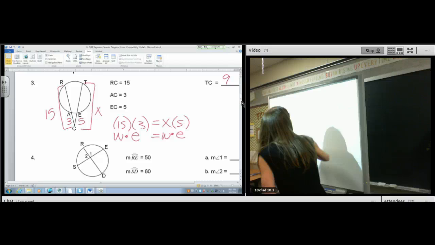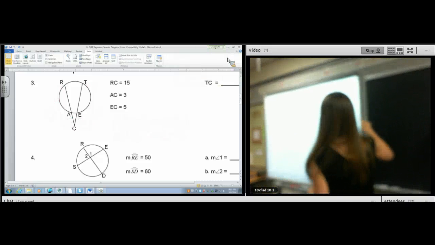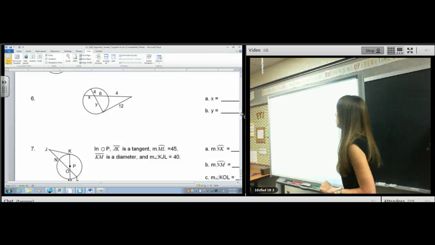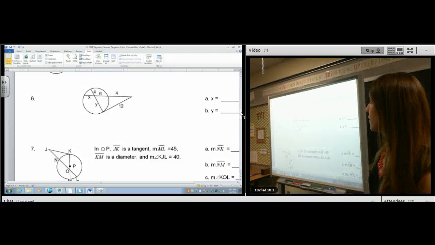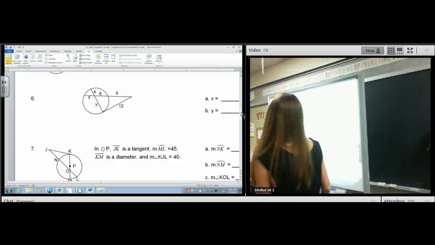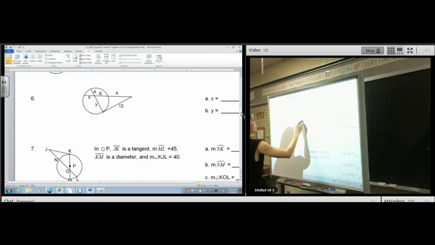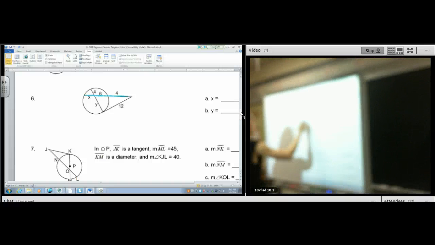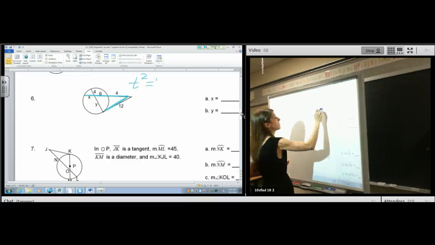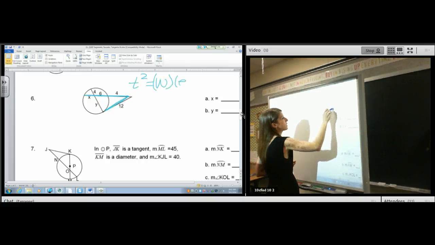All right, the next one we're doing is number 6. Number 6, you need to solve for those variables one at a time. I would solve for x first, because for x, I can use this segment and this segment. I can do tangent squared equals whole times external.